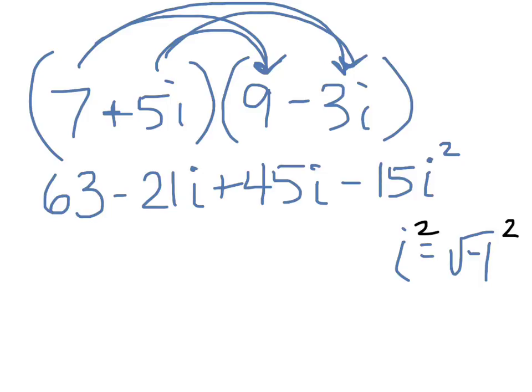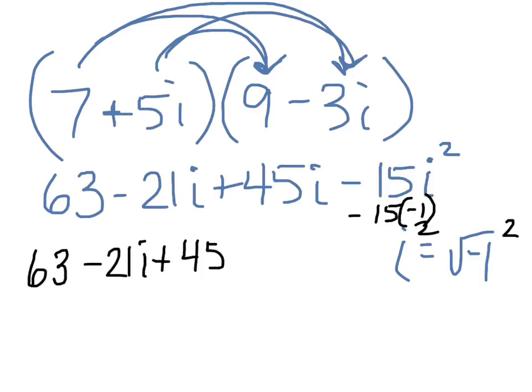What are you left with? Negative 1. Anytime you get i squared, it is actually equal to negative 1. So this back here is negative 15 times negative 1. What's 15 times negative 1? Negative 15 times negative 1 should be a positive 15.